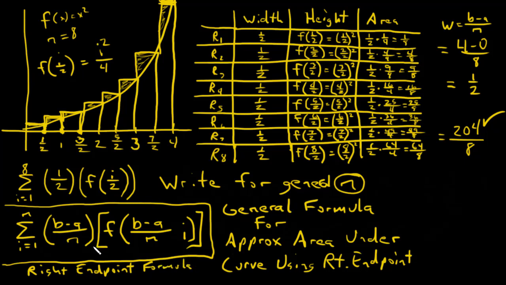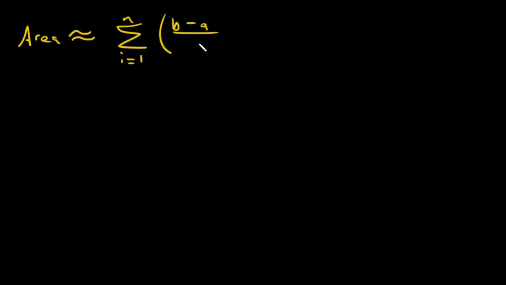Okay? So let me clear the screen. Let's go to the next one. Let's do some work with it. So here we go. So the right endpoint formula, we have the area is approximately summation i from 1 to n of (b minus a) over n times f of (b minus a) over n times i.